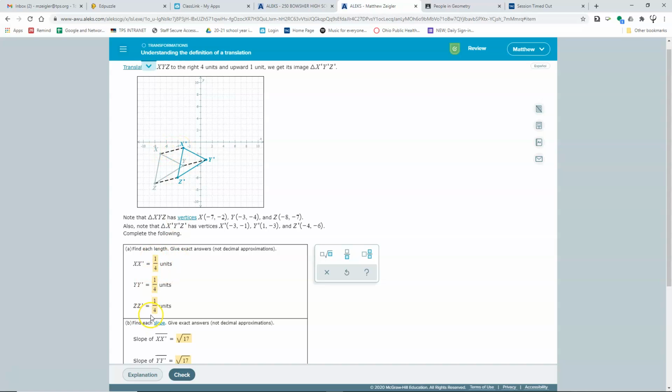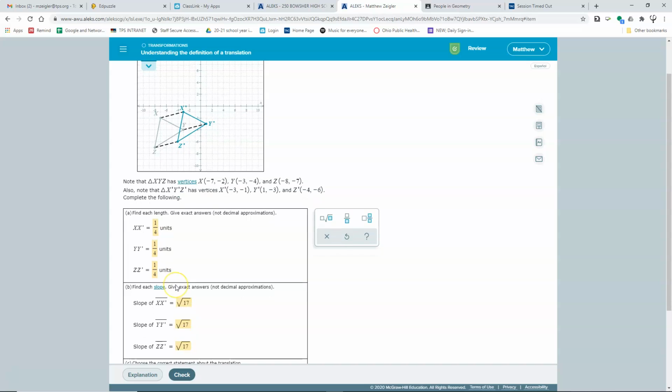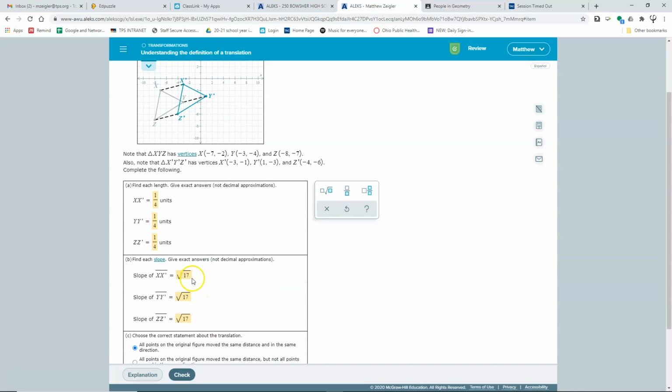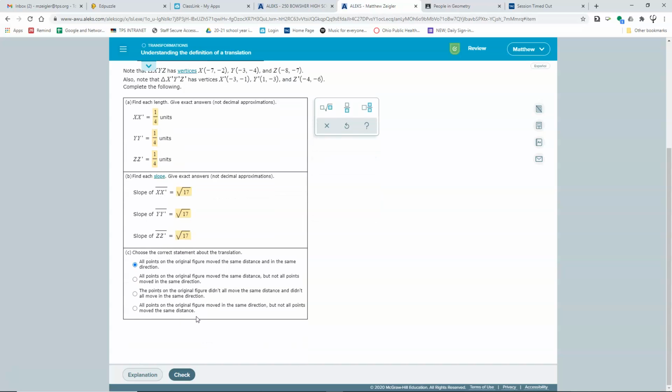What's the slope? Same answer for everyone. And then take that rise and run, 1 and 4 in this case, and use it in the Pythagorean theorem equation to find the distance between the points, and it's the same for all of them. And the correct answer for C is always going to be that all points in the original figure moved the same distance and in the same direction.